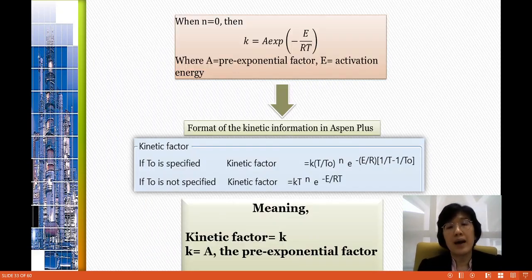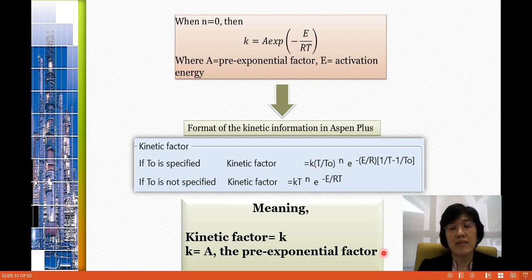So let's compare the normal Arrhenius equation that you learn with the kinetic information that you have to include into Aspen Plus. Comparing the equations, k in the typical Arrhenius equation is actually the kinetic factor in Aspen Plus, while A, the pre-exponential factor in the normal Arrhenius equation, is actually the k in the Aspen Plus kinetic equation.